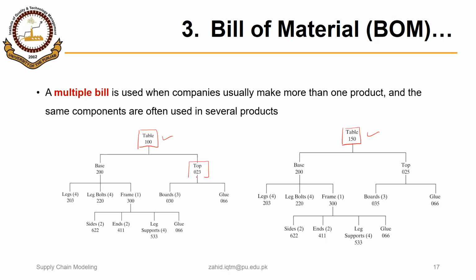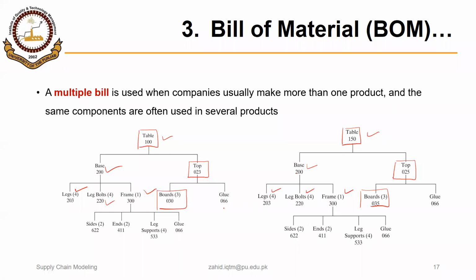This table has a top 023. This table has a top 025. Although the base is the same in both cases. Similarly, the legs have a code 203, so they are the same. Bolts are also the same. The frames are also the same. Boards are different, 030 and 035.